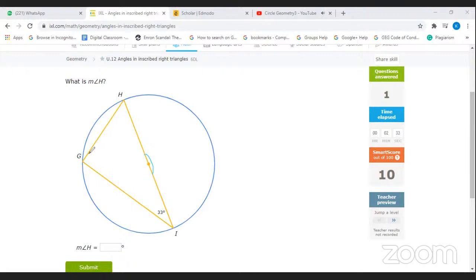So definitely since this will be 90, in that case we say that H plus 90 degrees plus 33 degrees equals 180 degrees. So by the time you add up, you realize that your H will be equal to 57 degrees. So that's the answer to that, 57 degrees.